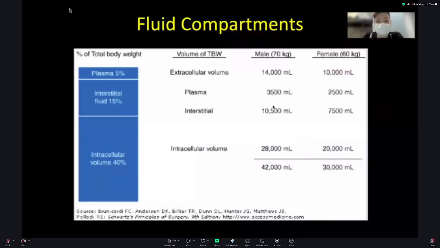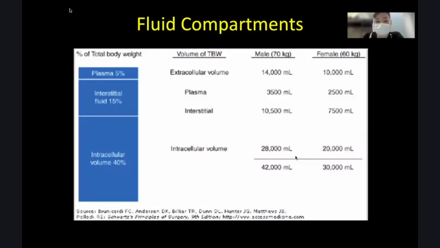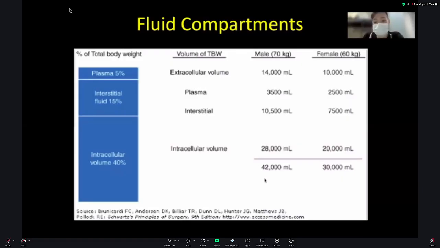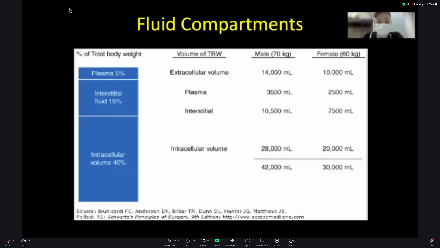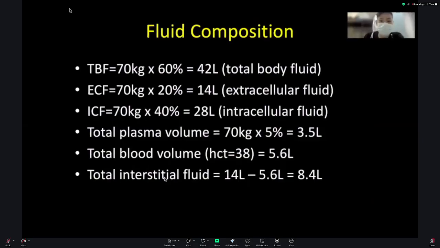You just have to follow the computation in terms of computing the percentage, and you will come up with the total of 42 liters per male and 30 liters per female total body water.